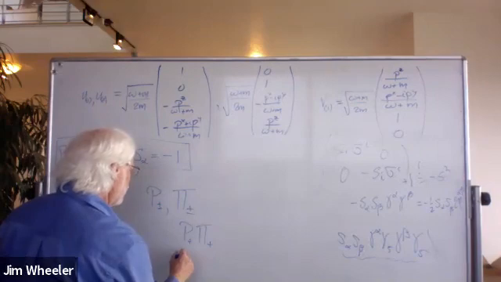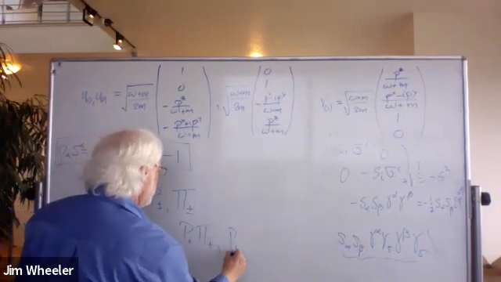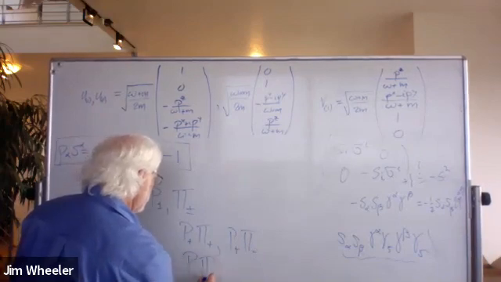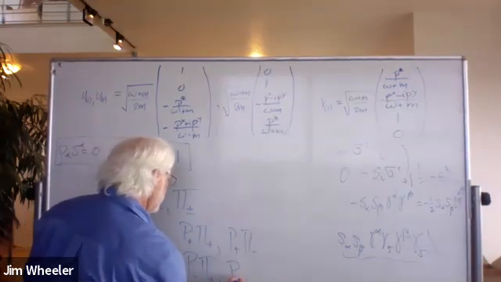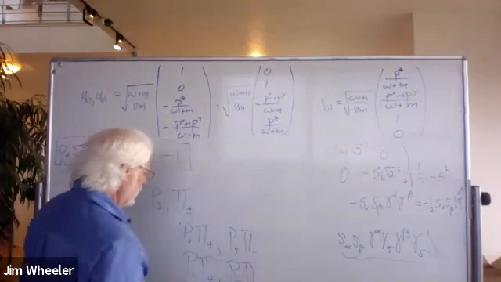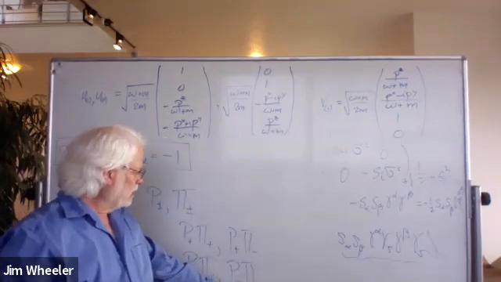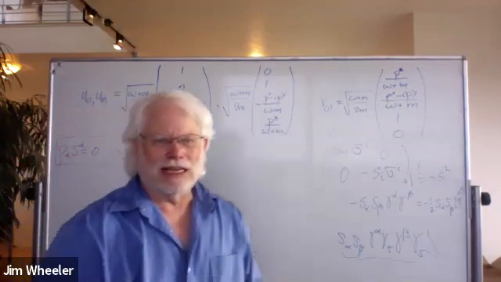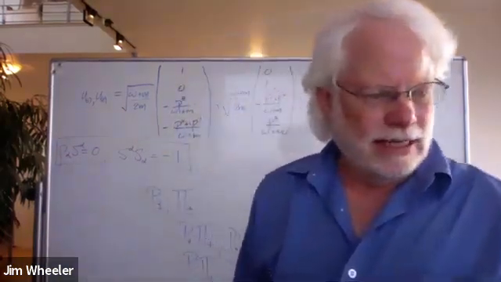It doesn't matter what order I write them in. P plus pi minus, p minus pi plus, p minus pi minus. So negative energy spin down, positive energy spin up, and so on. I can project out any of these I want.